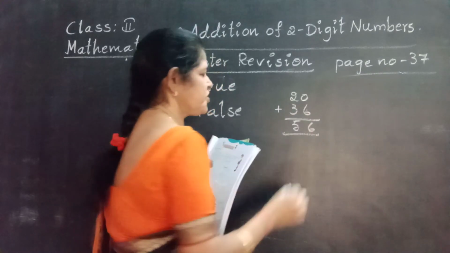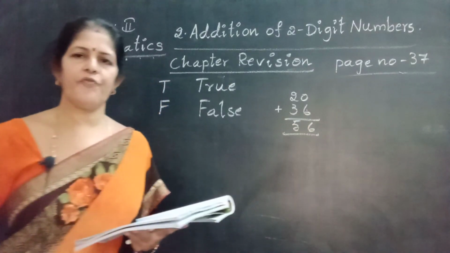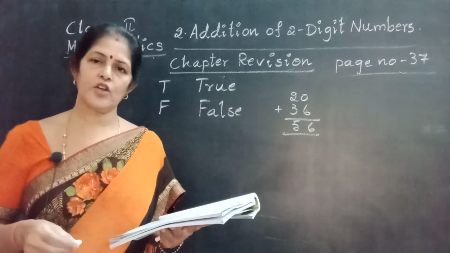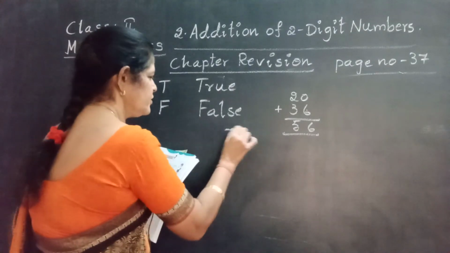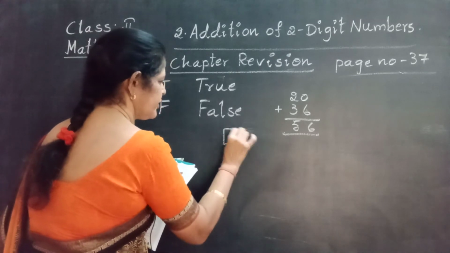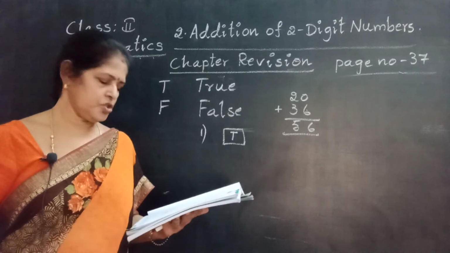Sum means addition. 56. The number name of 56, F-I-F-T-Y, S-I-X. Is the statement correct or wrong? Yes, it is true. There is a box. In that box, put T. First one, true. T for true.